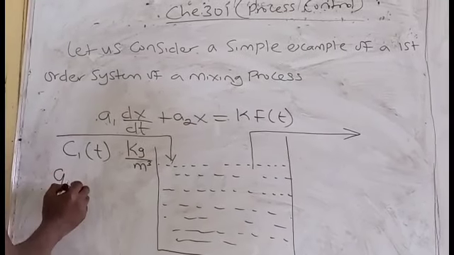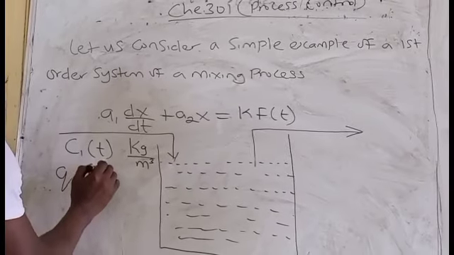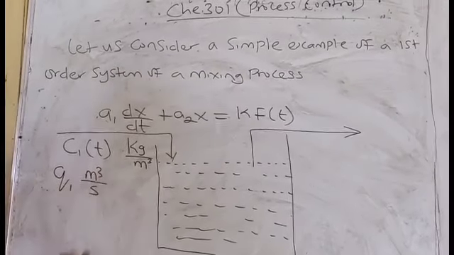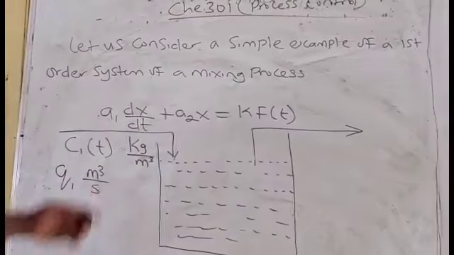Let's say here is Q1, meter cube over second. That's the unit of this volumetric flow rate, meter cube per second.